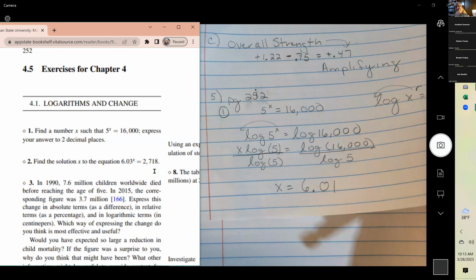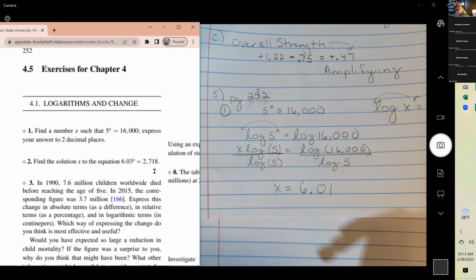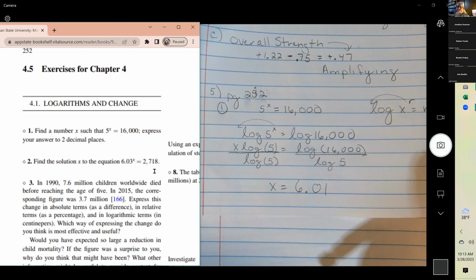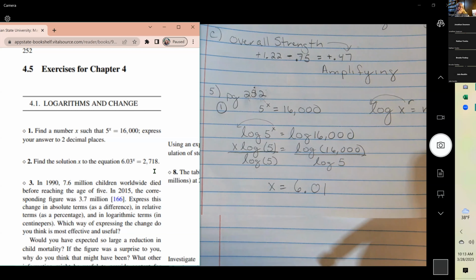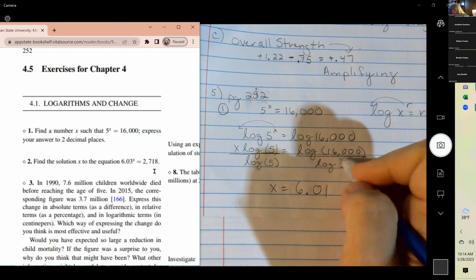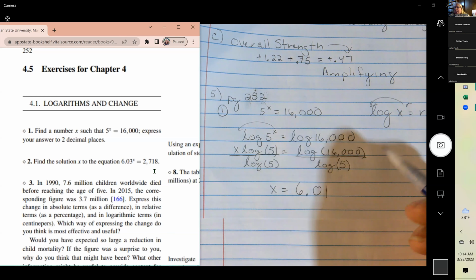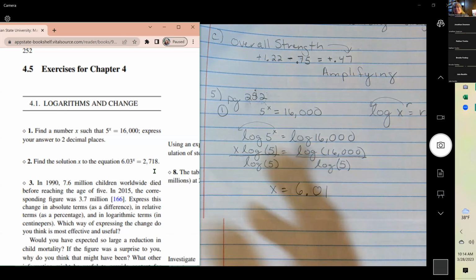Why did you put the 5 in parentheses, or two of the 5s in parentheses, and leave the 1 under the log 16,000? You can write it either way. Your book's been putting parentheses around all of them. I never do, so I was trying to do it.